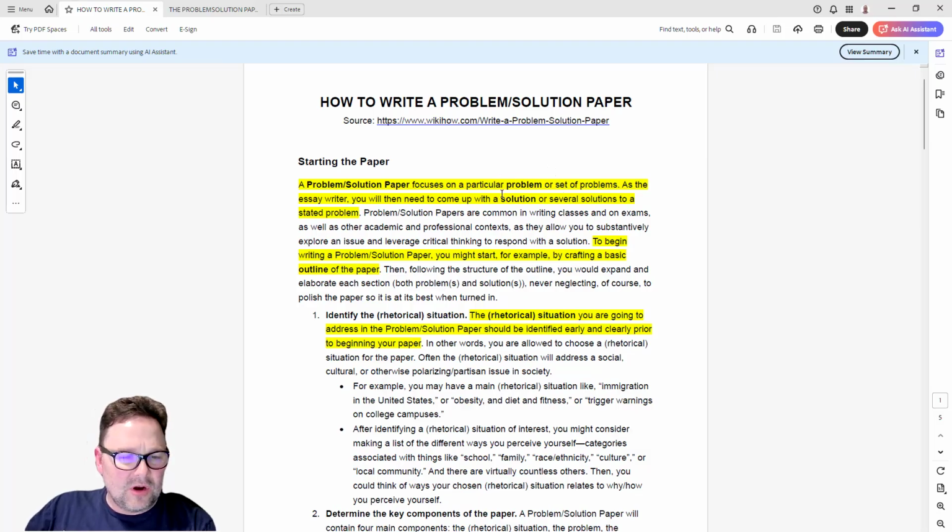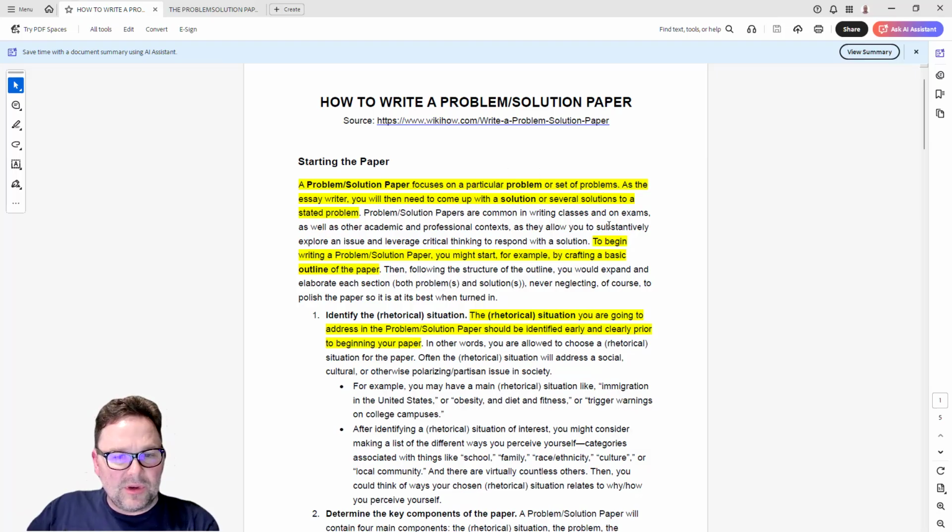But for our purposes, you'll probably have more than enough to write about if you just focus on a single problem and perhaps solutions plural. Maybe we'll talk about that more with the second document we're going to look at here, but identifying a problem and then at least a solution, if not different solutions.